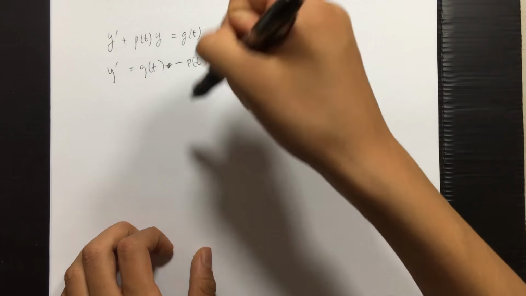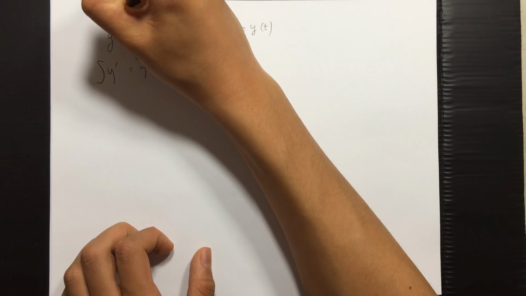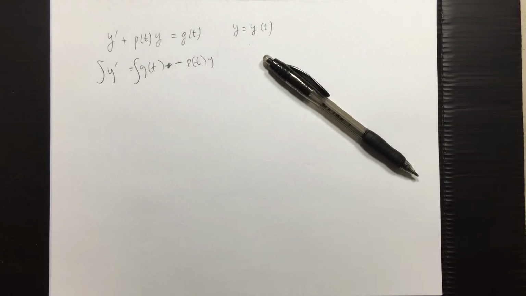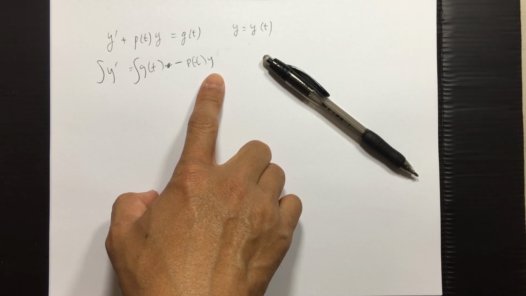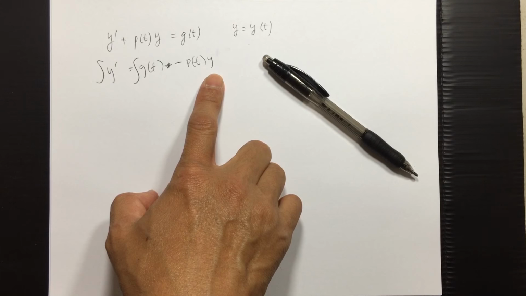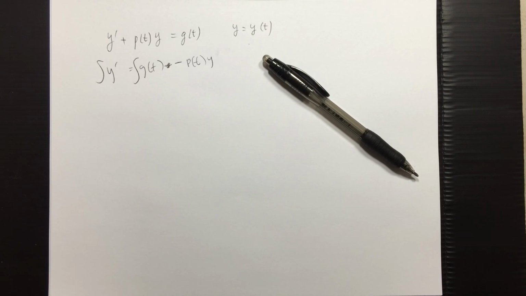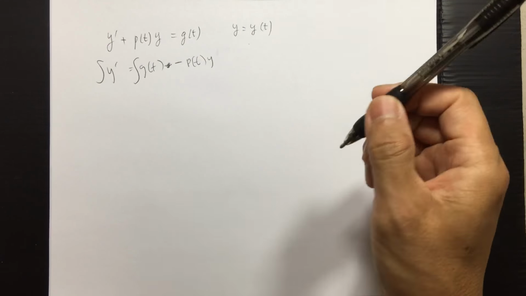And then do what? Integrate both sides. How do you integrate? There's a y here.